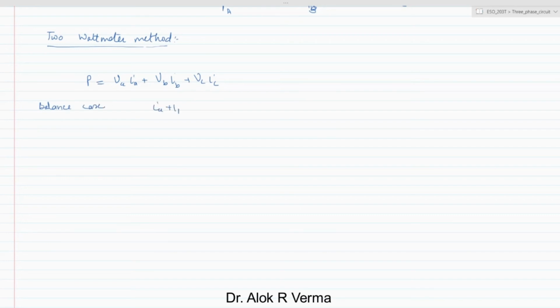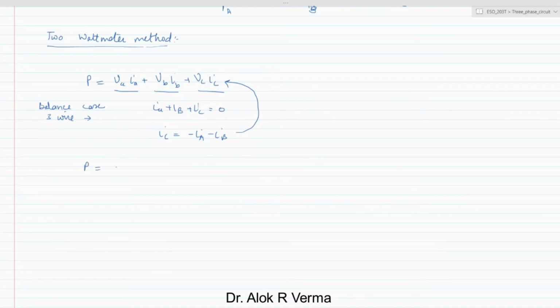We have seen that in the balanced case IA plus IB plus IC is nothing but 0. So in this term we can write IC as minus IA minus IB and substitute this value in the above expression.